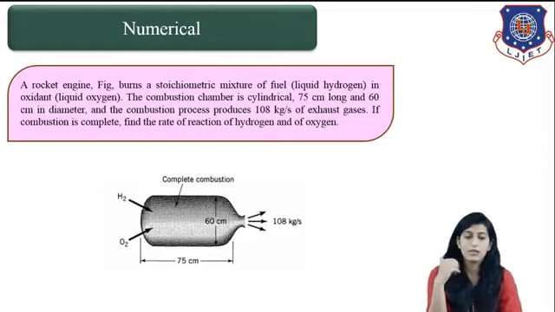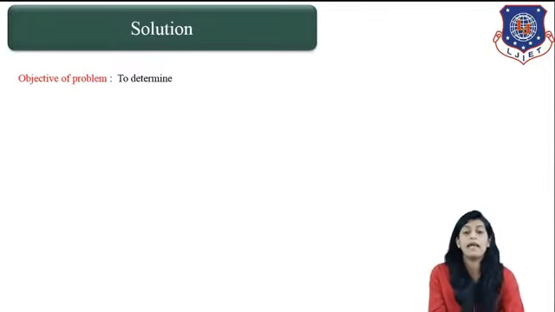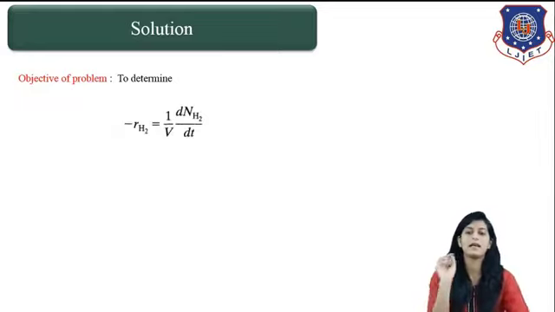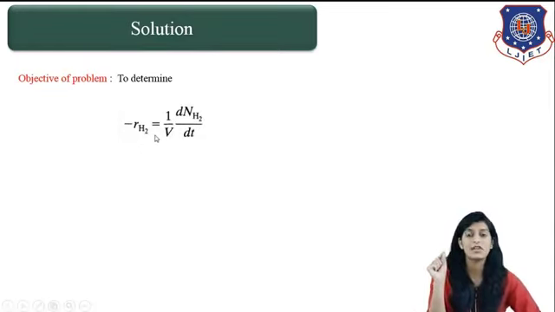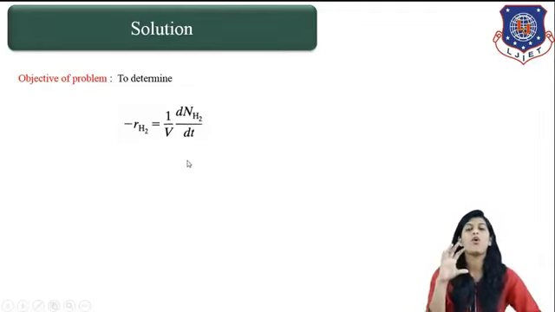Now let's start with the solution part. As I already said, our objective is to determine minus RH2, which is equal to 1 by V dNH2 by dt. 1 by V means the volume of the reactor or the volume of reacting species present inside the reactor.